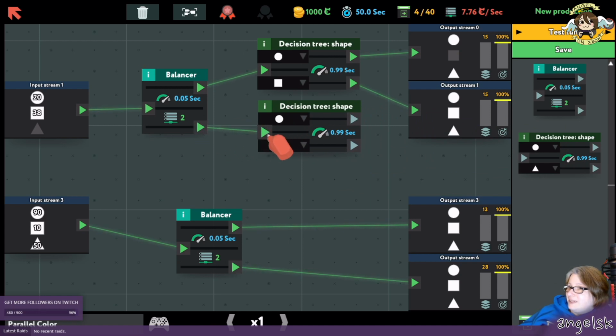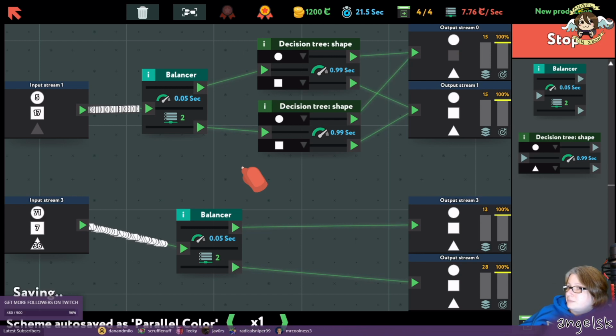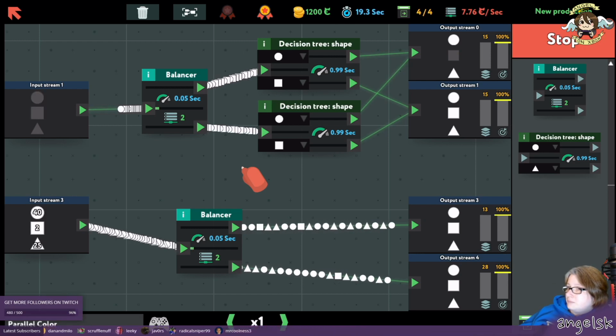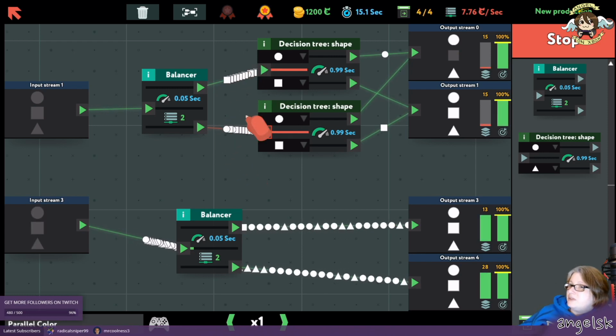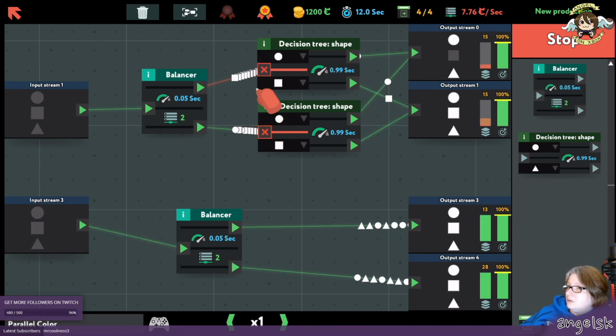Okay, let's split them equally and then do... Oh, that's why, because they were not under equal load.